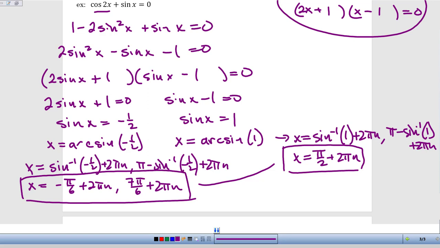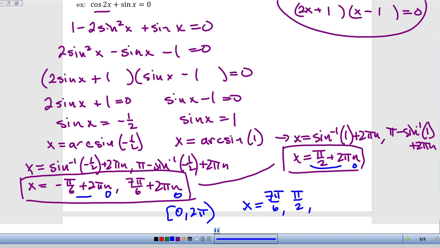Now we generally, for all these problems, have also looked to get our answers that are between 0 and 2 pi, that are in that interval. And so if we plug in 0 for n everywhere, if we start to build that list, we can see we get a negative answer out of this first equation over here, so we're going to leave that off. We get 7 pi over 6 from the second one. We get pi over 2 from this one over here.